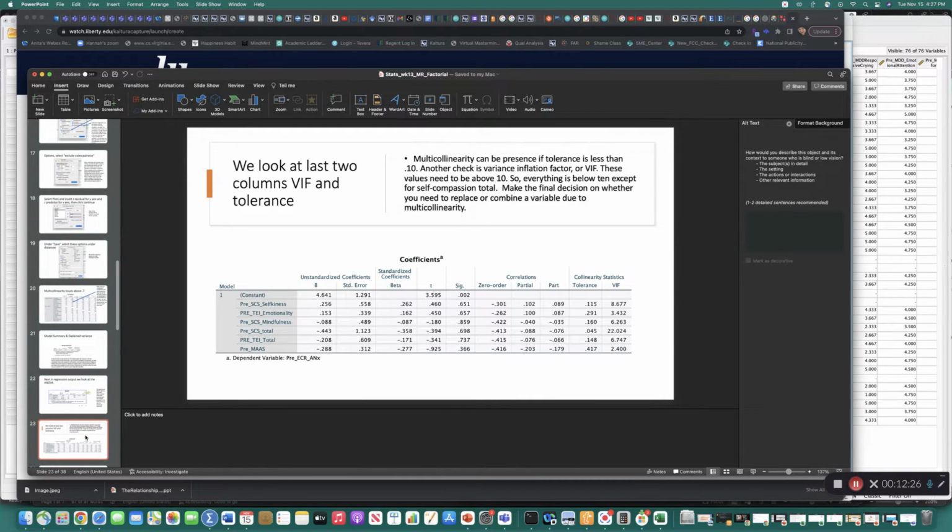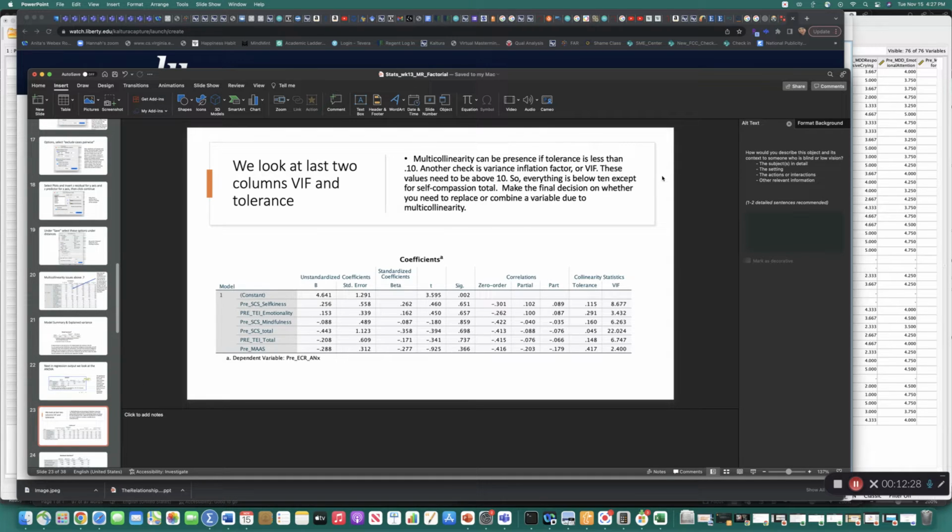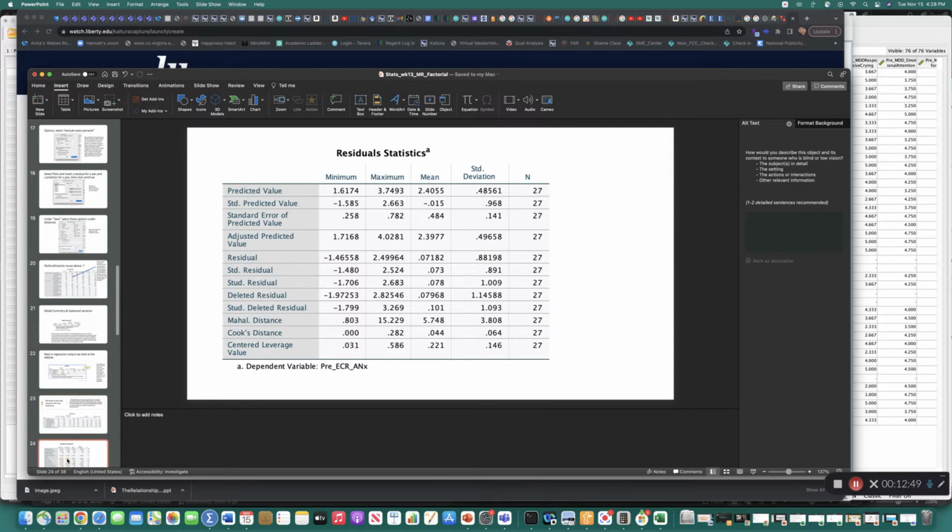So we can also look at the coefficients column to look at collinearity tolerance, as well as variance inflation factor. We want to see if the tolerance is less than 0.1 and that these VIF values need to be above 10. So we also have some concerns here with those values.